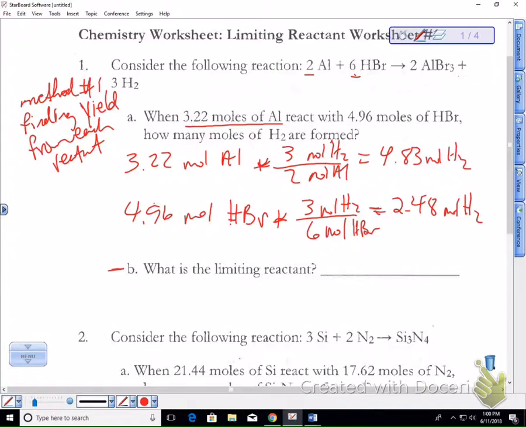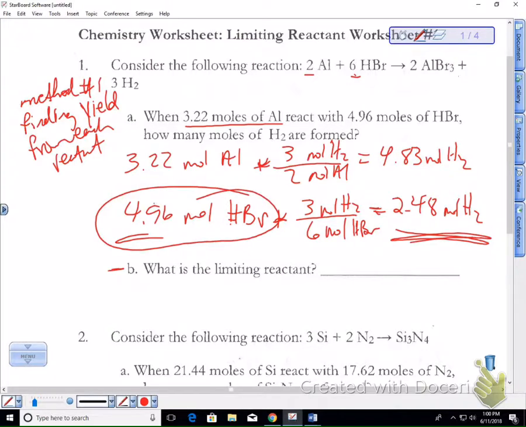So what we've got here are two different amounts of hydrogen that could be made from these reactants. This is the smaller number. So if I consumed every bit of my HBr, I could only make this much hydrogen. So that makes this the limiting reactant, and aluminum by default becomes the excess. Okay, so HBr is limiting.